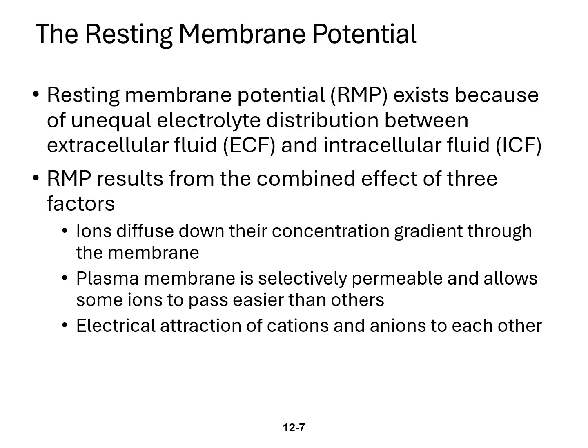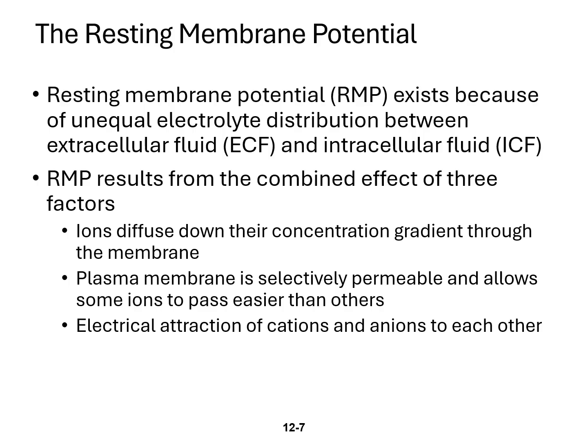Ions can just diffuse down their concentration gradients into the cells, because remember from when we talked about the cell membrane, you might have a channel where ions can just flow through it. You also are going to have plasma membranes that allow some ions to go through, other ions cannot. Then finally, some of these are going to be attracted to each other. Positive is going to be attracted to negative.